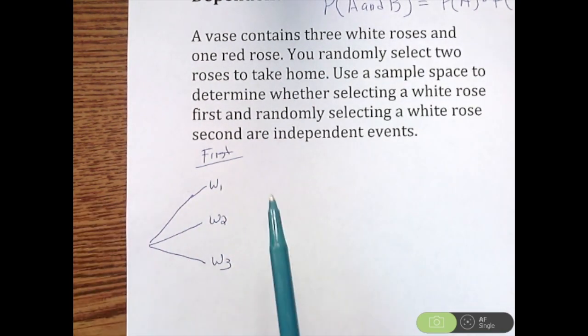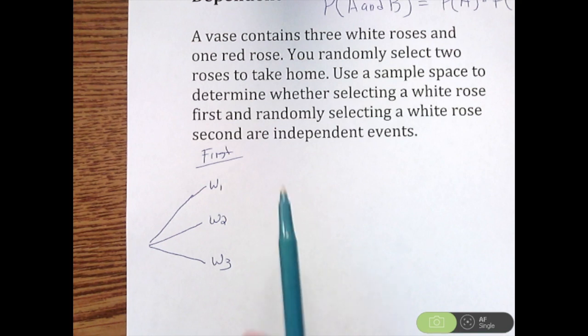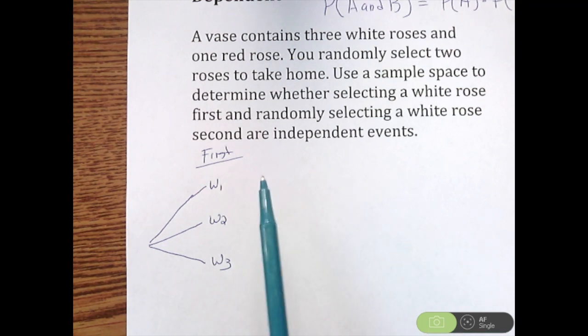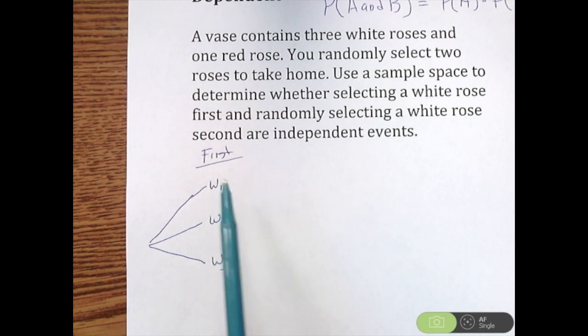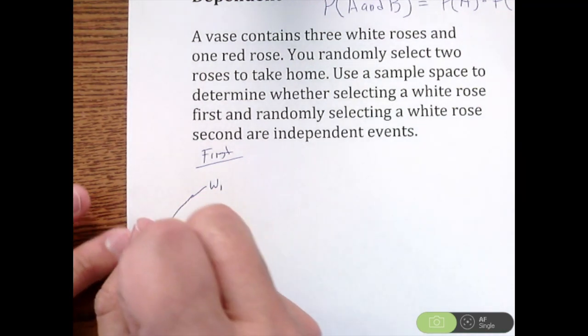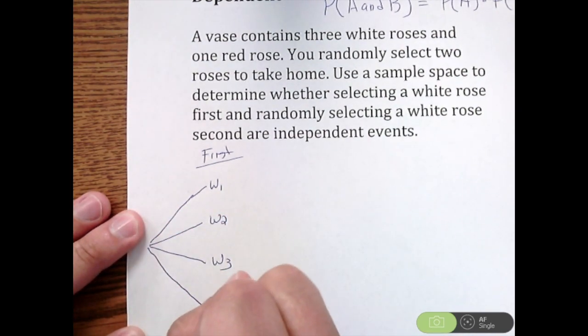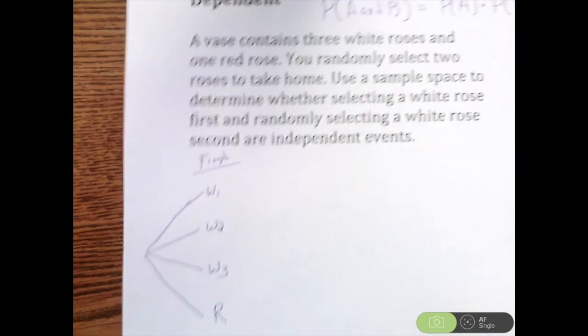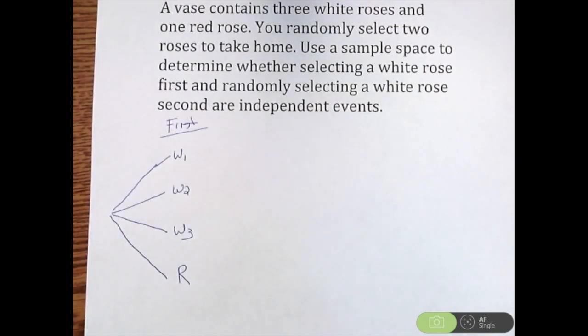The reason I did white 1, white 2, white 3 is that white roses don't all look exactly the same. So this designates the first white rose, the second white rose, the third white rose. And I still have that other option, the 1 red rose, so I'm going to put an R for that. So I select my first flower. Those are the 4 options on the table.